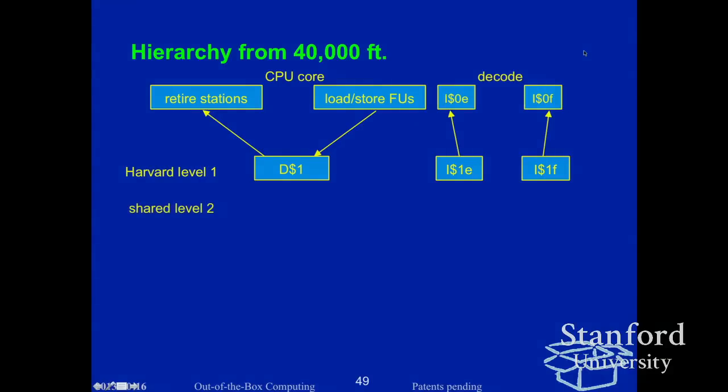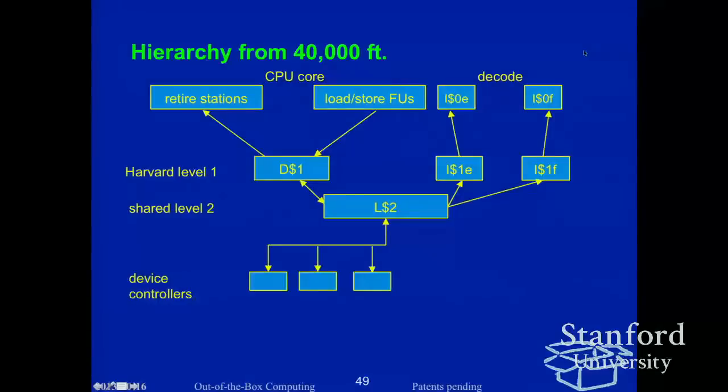There's a shared level 2, where Harvard is only at the top level. So all of those values may flow from the level 2 up to the respective level 1 caches. Below the level 2 cache, we're only level 2 in these examples. You could have a level 3 cache; that's entirely a configuration issue.